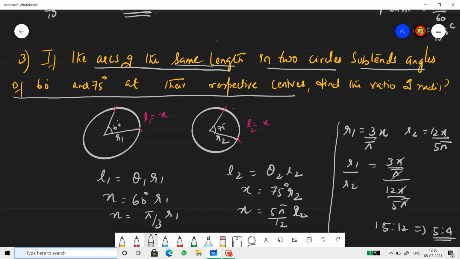So this is how we find the ratio of the radii. Hope you understood this. Using this video, you can solve the first exercise of your NCERT textbook. If you have any doubt, drop a comment in the comment box. Thank you.